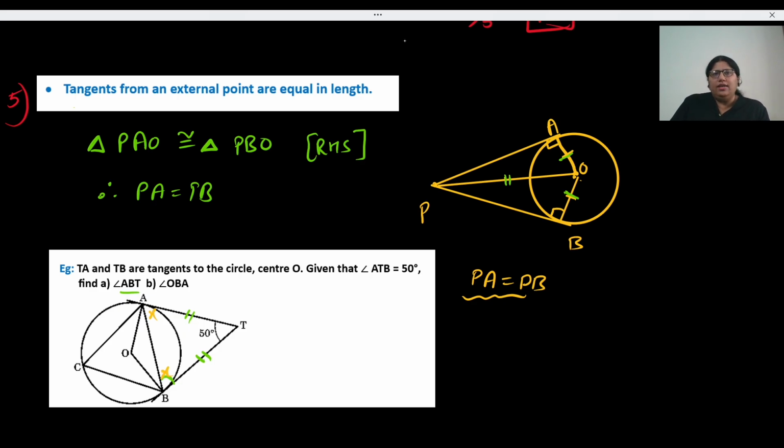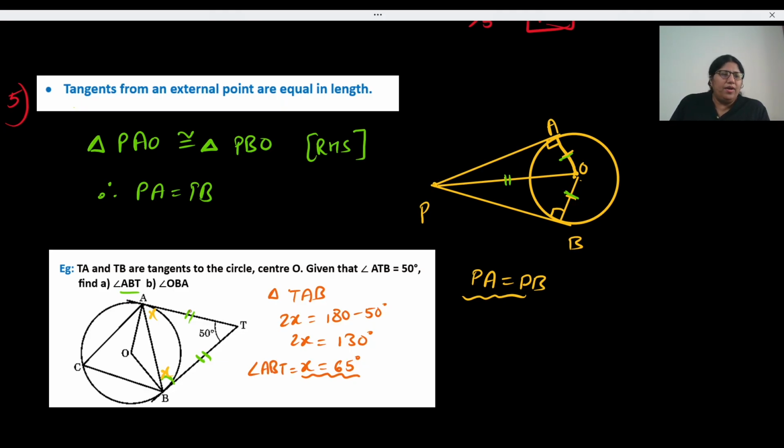If I use the angle sum property in triangle TAB, 2x will be 180 minus 50, so 2x equals 130 degrees. So x is going to be 65 degrees. This x I have taken is nothing but angle ABT.